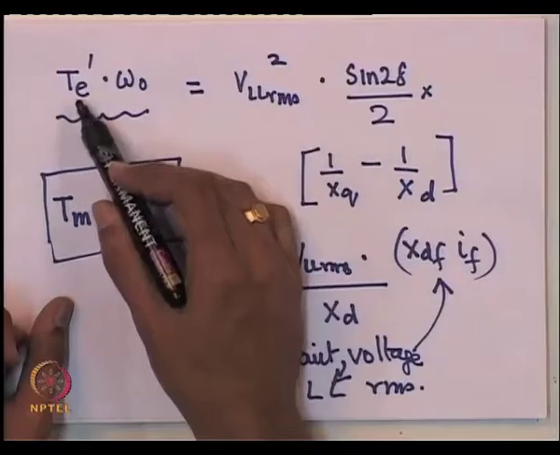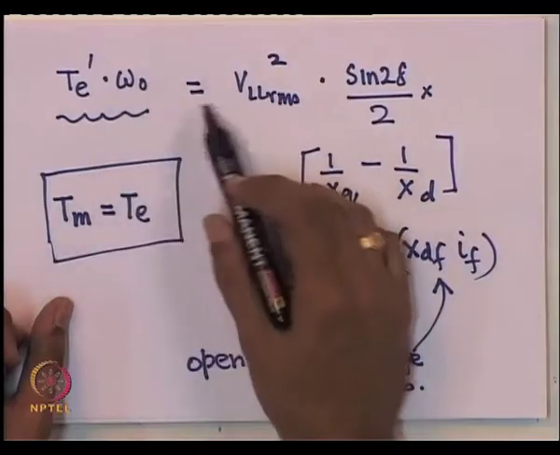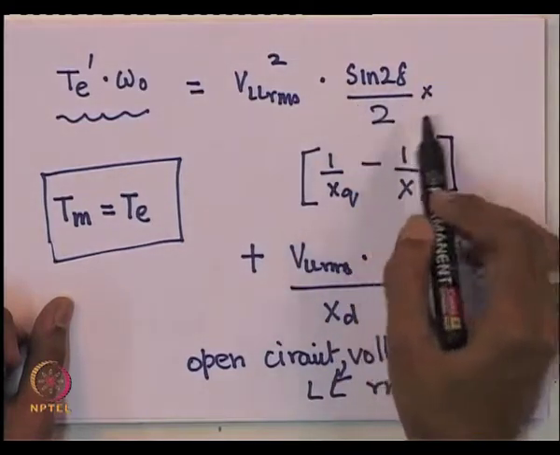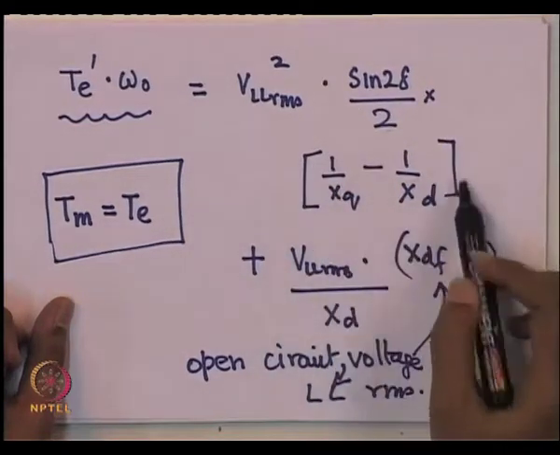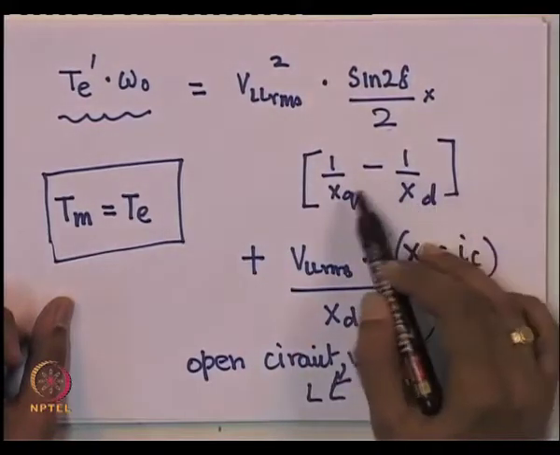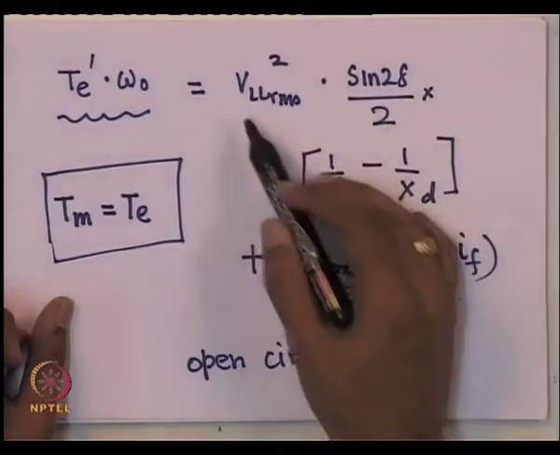Then T dash into omega naught is equal to V line to line RMS square into sin 2 delta by 2 into this term. Remember that this term is equal to 0 in case x d and x q are equal. So, this is a saliency dependent term.